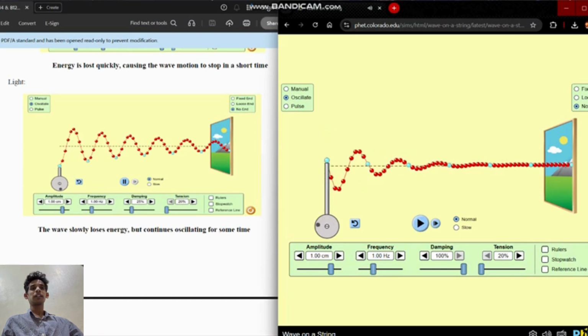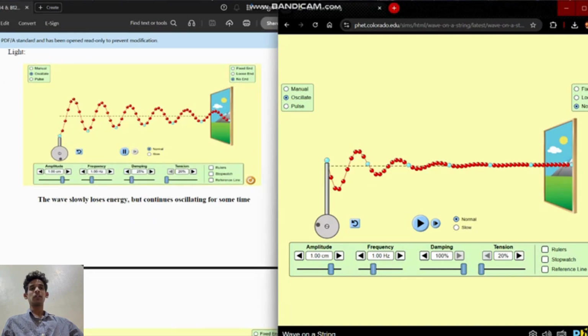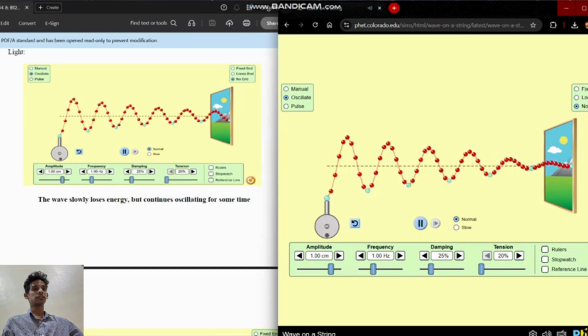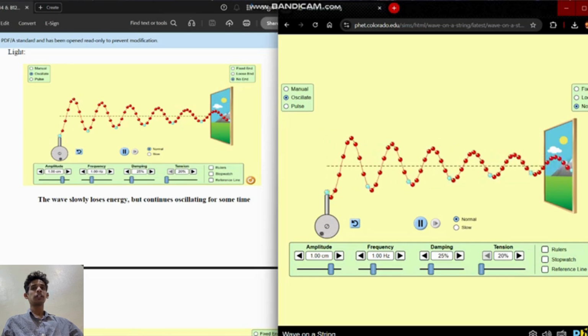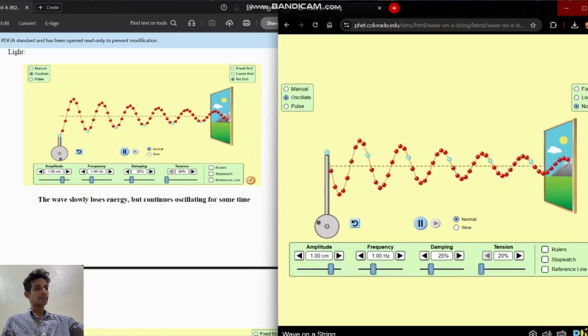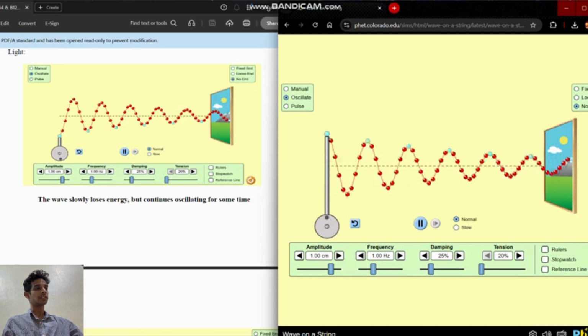Okay, we get into the light damping here. As before, we adjust the damping to 25% and keep the tension at 20. Okay, start. What this shows is that with small damping, the wave loses energy slowly.